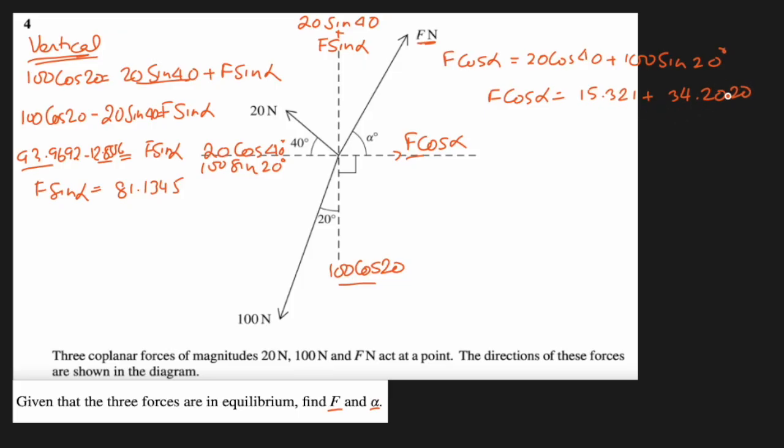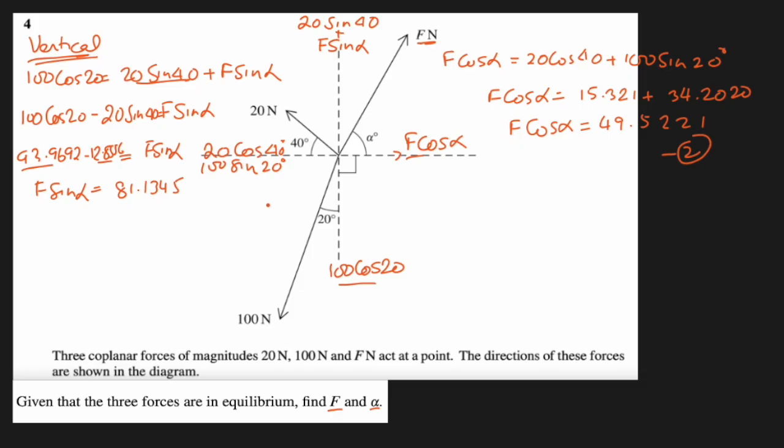I have ignored the digits after this. My final answer will be in terms of 1 or 2 digits, but I'll keep most of the digits here. F cos alpha is 49.5221.